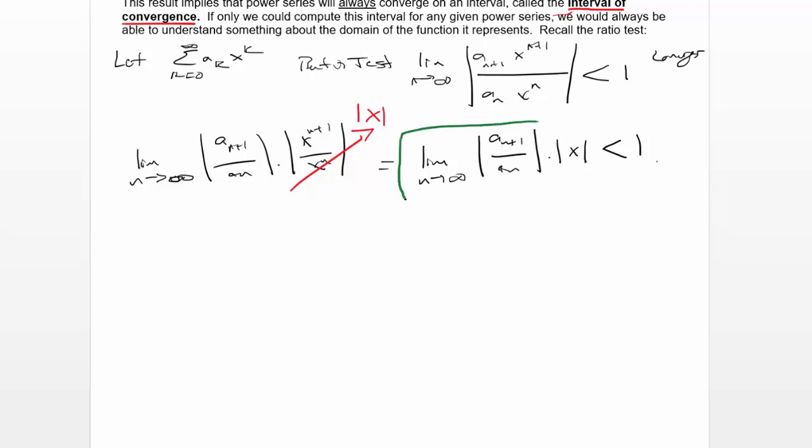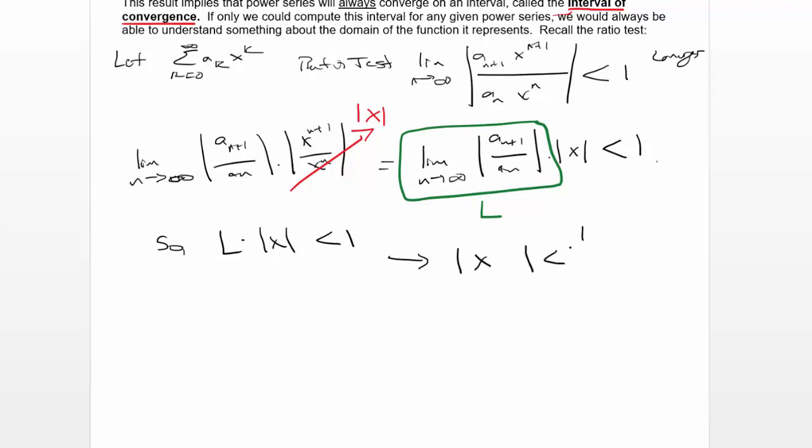I'm going to call whatever the limit of the ratio of the coefficients is L. So the ratio test tells me I'll have L, which is the limit of the coefficients, times the absolute value of x. And this should be less than 1. Or better yet, when the absolute value of x is less than 1 over L, this converges.